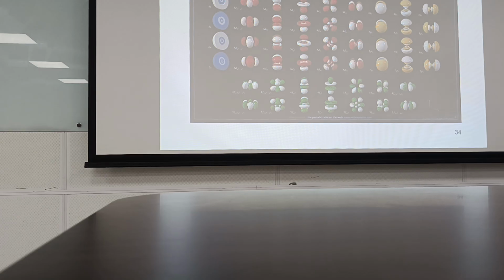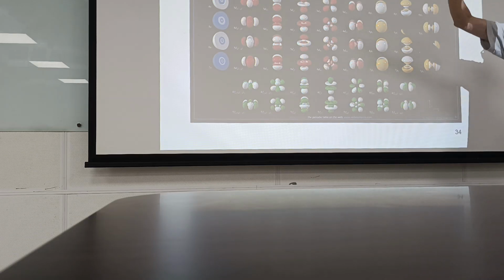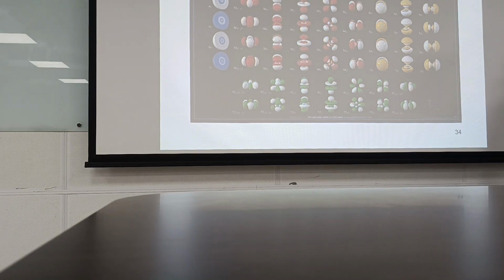If you have only one electron, you put it in the 1s orbit. The second electron is also in the 1s orbit. Then the third electron will be in the 2s, then 2p. So this is like the periodic table.